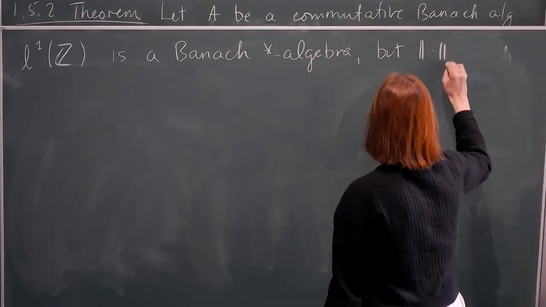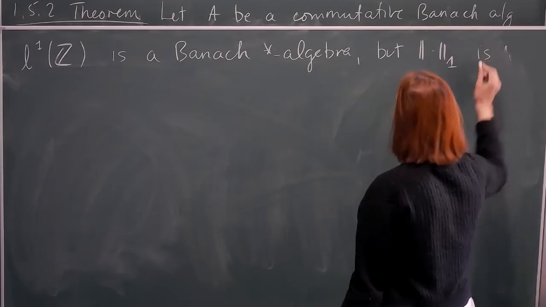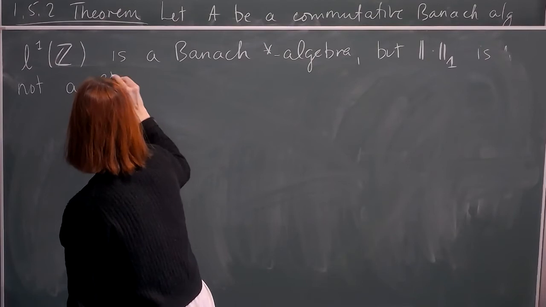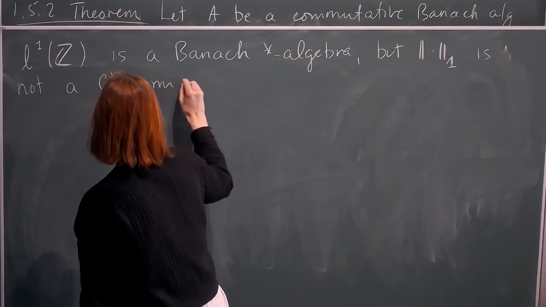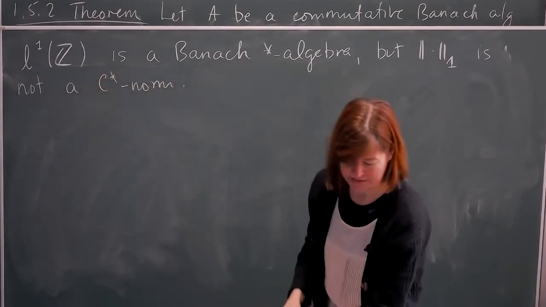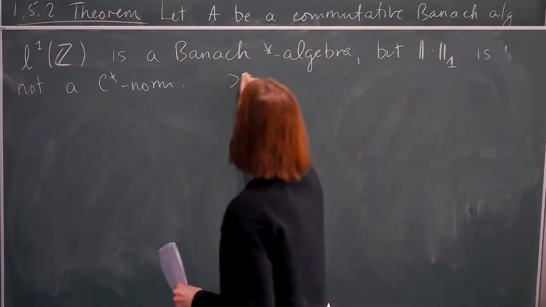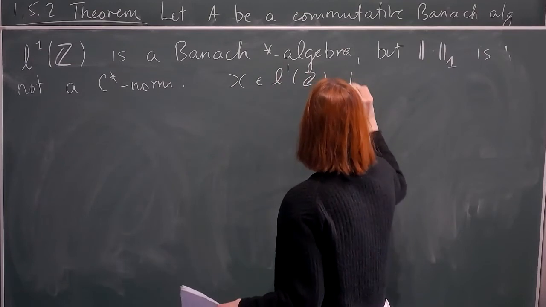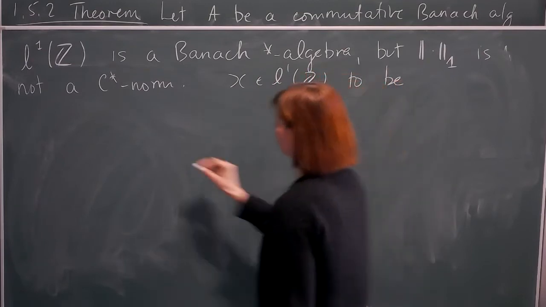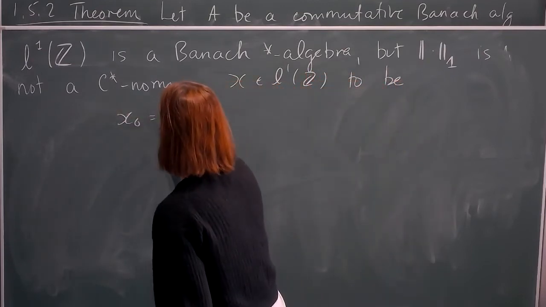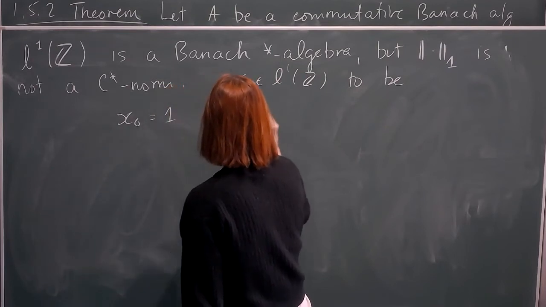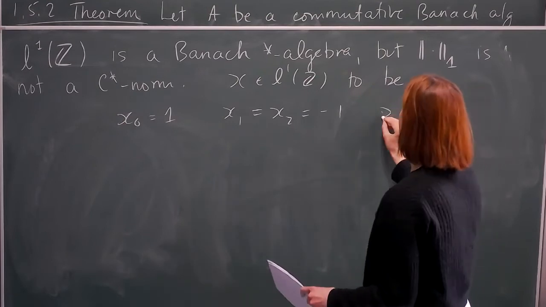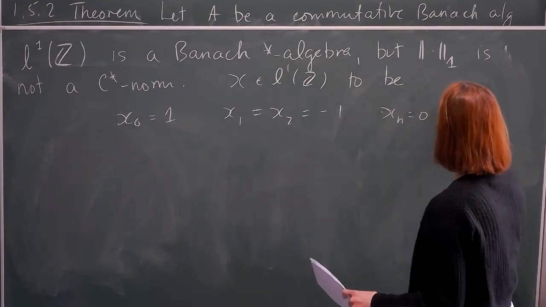The L1 norm is not a C-star norm. For example, take x in L1(Z) to be x0 = 1, x1 = 1, x2 = -1, and xn = 0 for all other n.